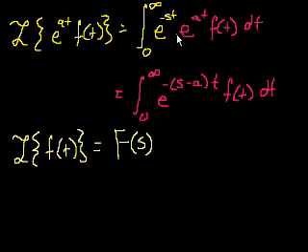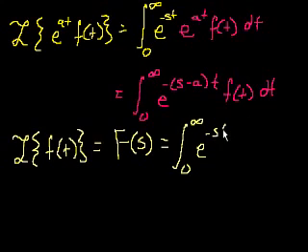So the Laplace transform of just f of t is the integral from 0 to infinity of e to the minus st f of t dt, which is some function of s. Well, the Laplace transform of e to the at times f of t equals this. And what's the difference between this and this? What's the difference between the two?